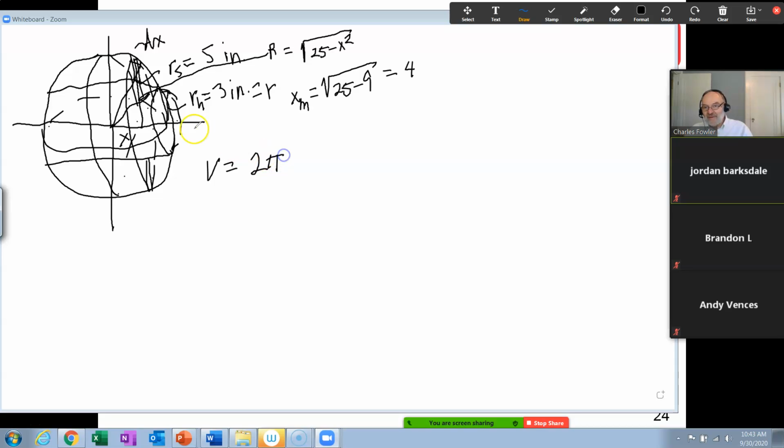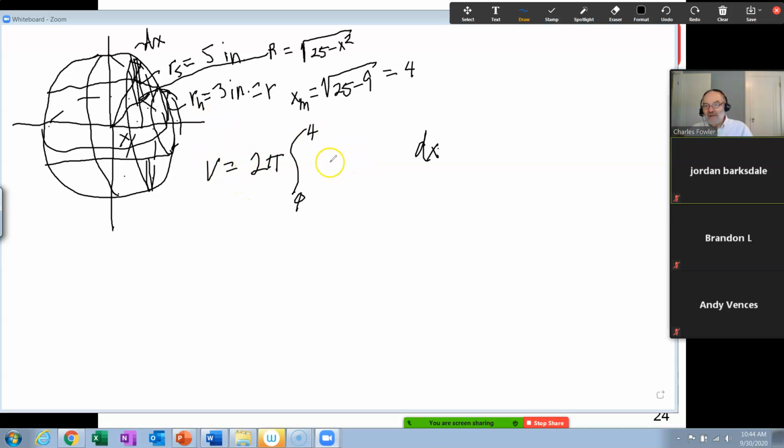You got the pi in there because it's pi r squared, the integral, and the dx, that's going to be our increment. The dx is going from 0 to 4. Now you could have done minus 4 to 4. Why go to that effort? Just do 0 to 4 and double it, because that's totally symmetric.